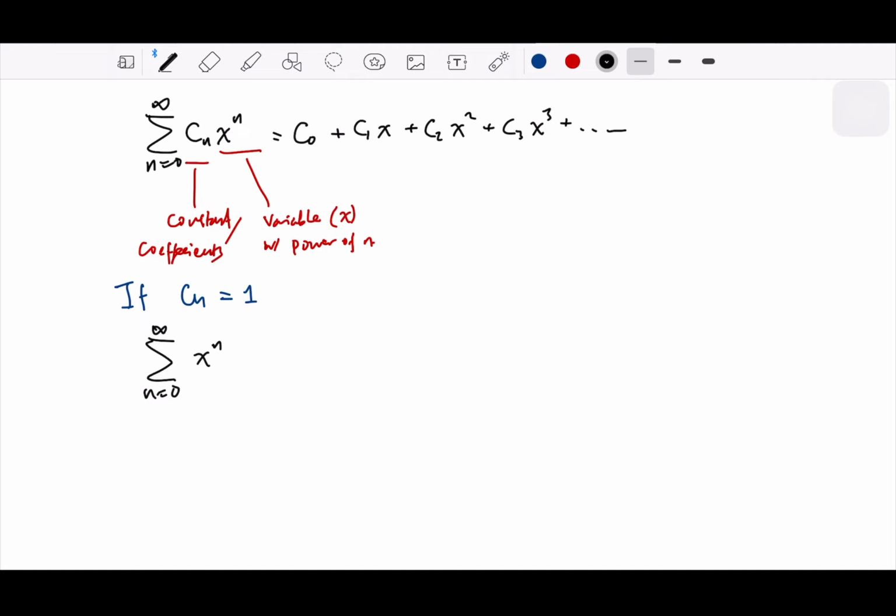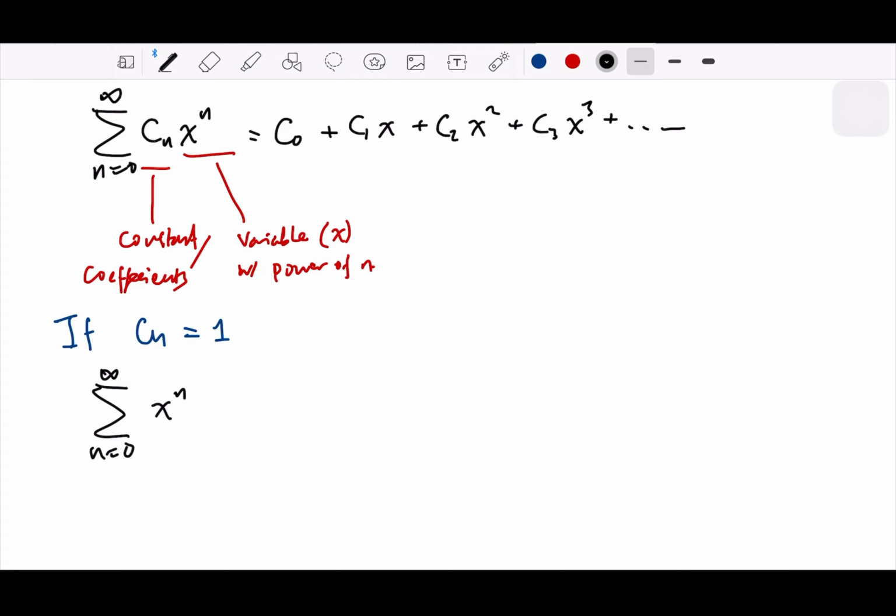If we start from n equals 0, the expansion will be 1 plus x plus x squared plus x cubed plus and so on.